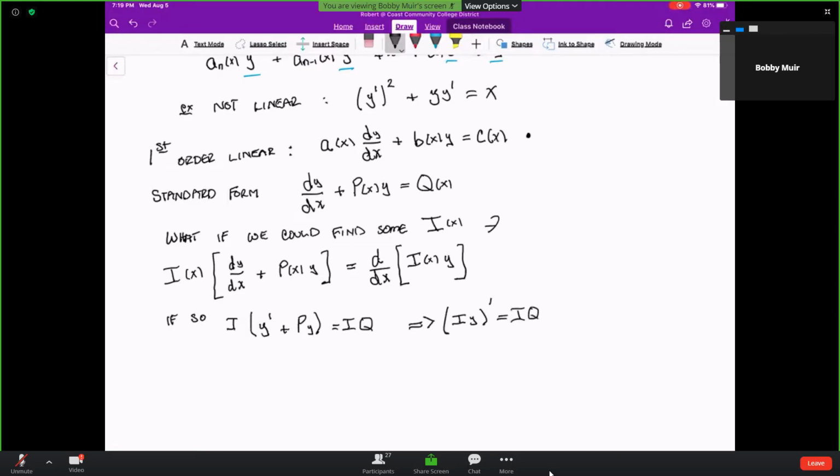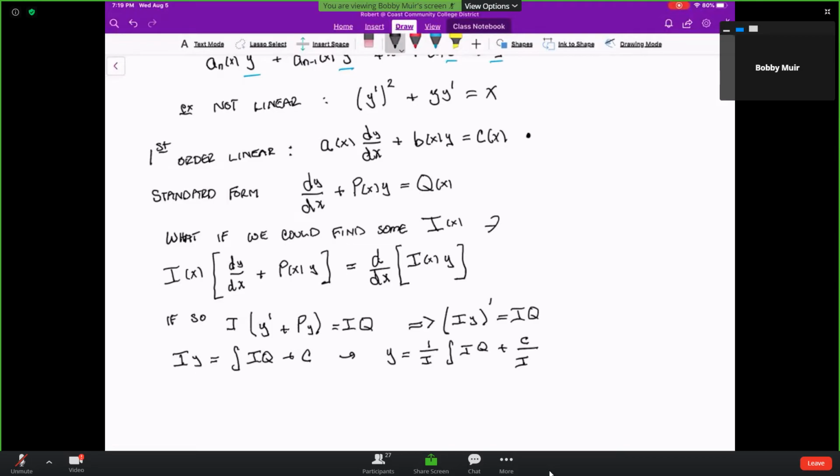Okay, and so then that would mean that Iy would be the antiderivative of this IQ, and there'd be a plus C out there. Divide both sides by I and we get 1 over I times the integral of IQ plus the arbitrary constant over I. Okay, now that's wishful thinking maybe.